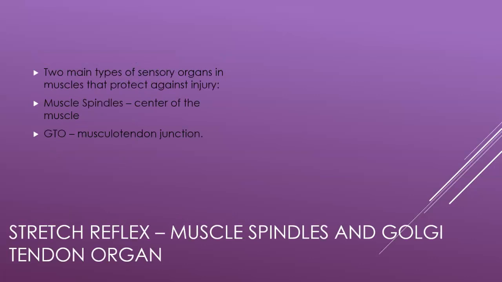Now, the stretch reflex is dependent upon 2 main sensory organs, placed in 2 different areas of the body, one of which is muscle spindles and the other is the GTO, the Golgi tendon organ, in the tendons. Depending upon which one is activated will drive the response.